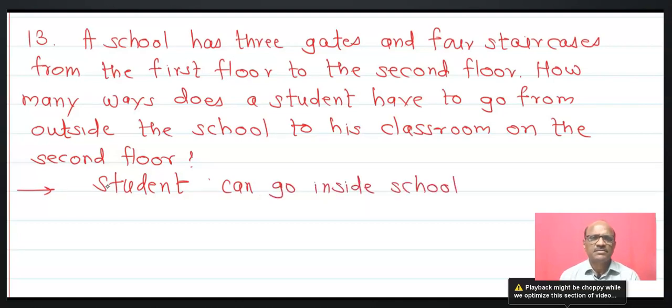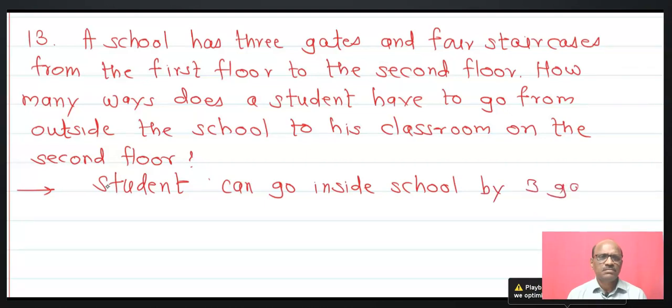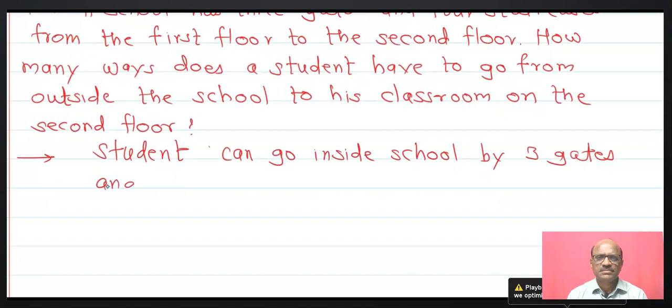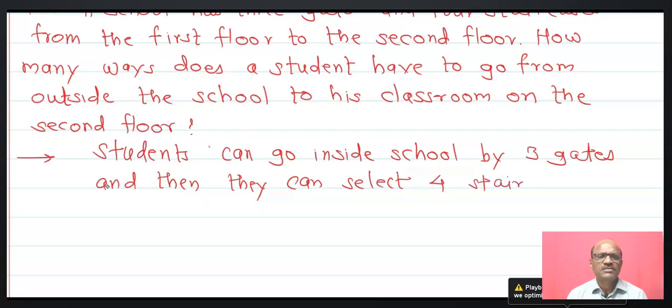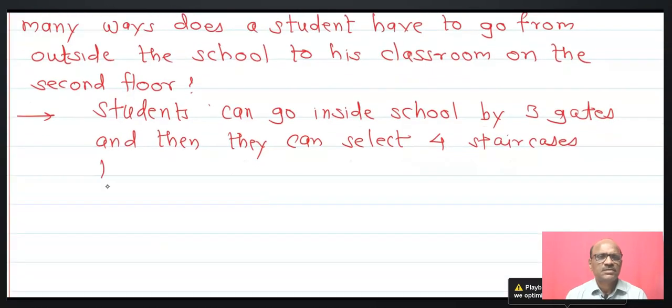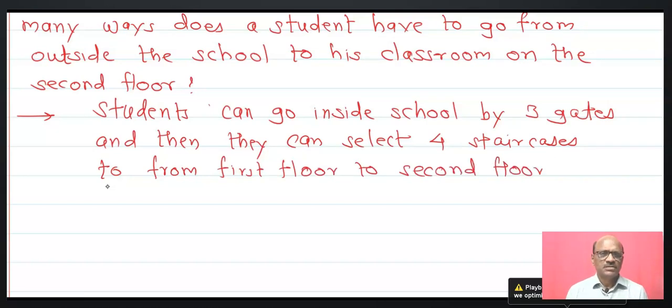The student can go inside the school by three gates, and then they can select 4 staircases from the first floor to the second floor.